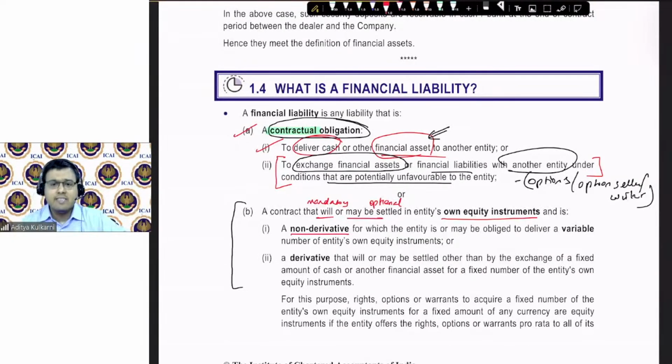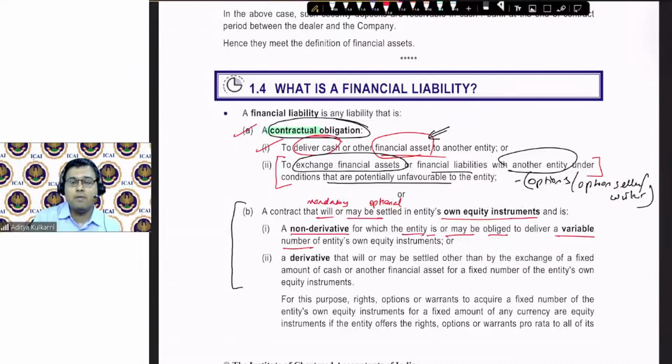And for that asset I am issuing my own shares, which by the way has its own value. The value of my shares is not dependent on any underlying. My share has its own value. That machinery or goods which are coming have their own value. So therefore it is a non-derivative contract for which the entity, in our example A Limited, is or may be, so mandatory or optional, obliged to deliver a variable number.